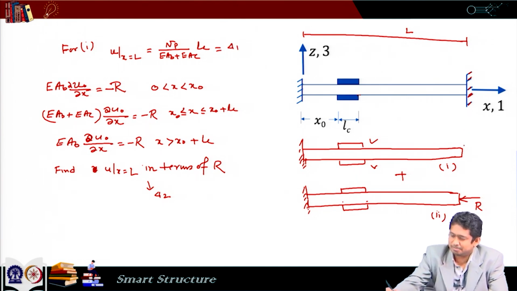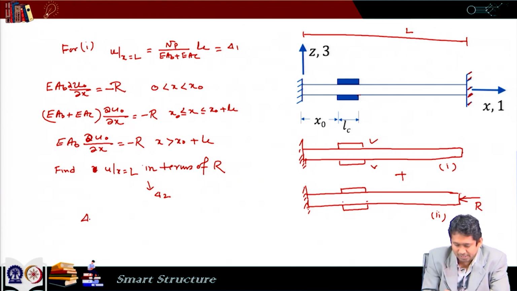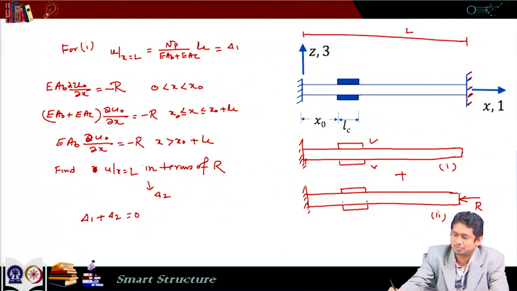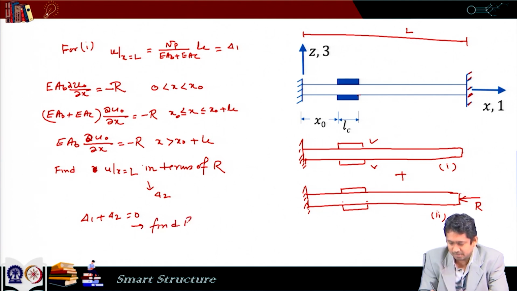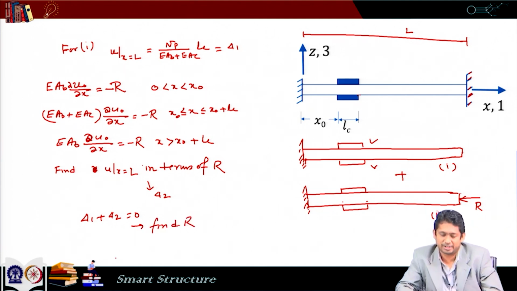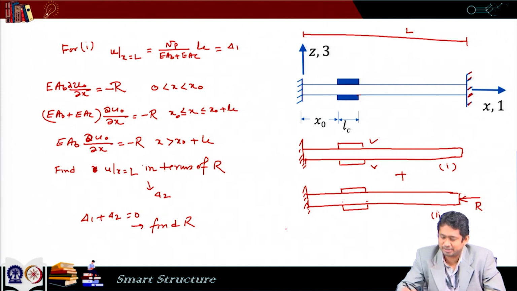Now, the total displacement should be 0, which means if I combine the displacement that we get from this case plus this case, delta 1 plus delta 2 should be 0 actually, because we have a support. From here we can find out r, and once we find r, we can solve the problem and find out the displacement at any point in this bar.